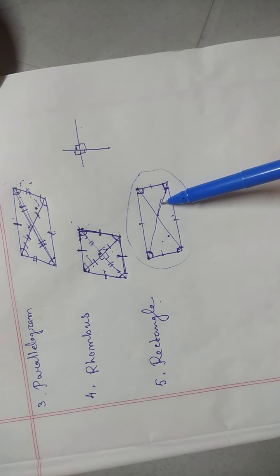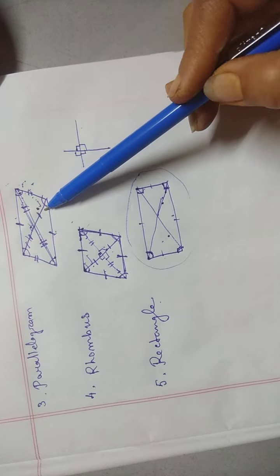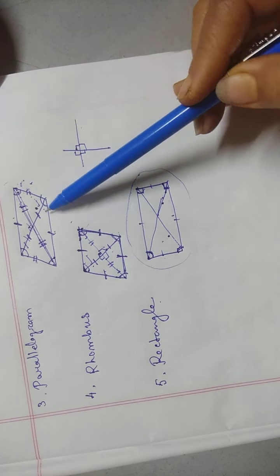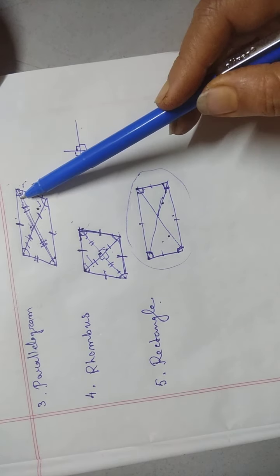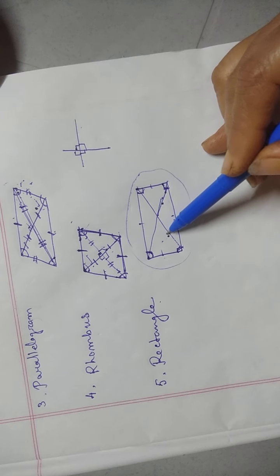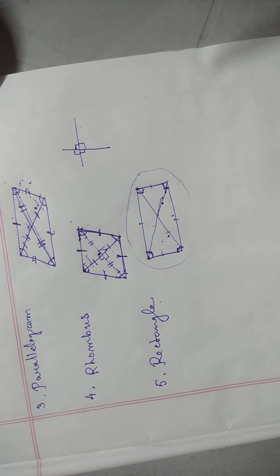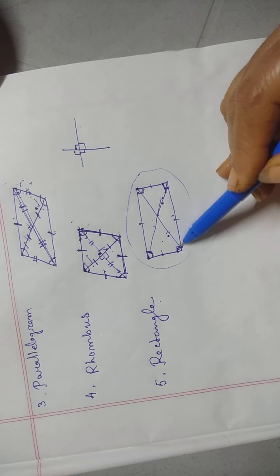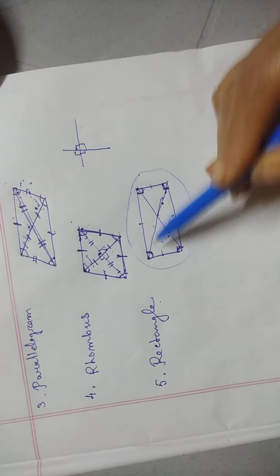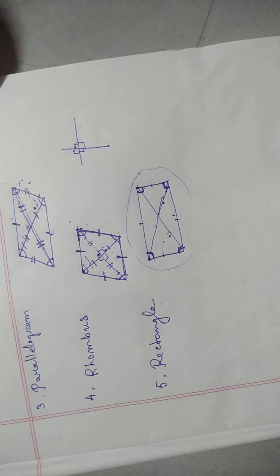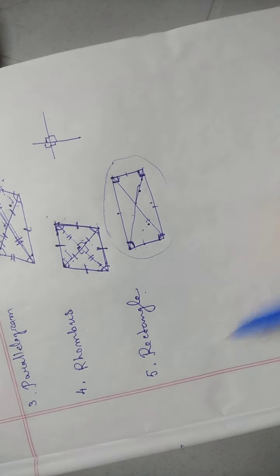What is the difference? The diagonals are equal. Here the diagonals are not equal. That means this line segment and this line segment are not equal. But in rectangle, both the diagonals are equal. Okay. And each angle makes 90 degrees. The measurement of every angle is 90 degrees. That is the rectangle. Okay.